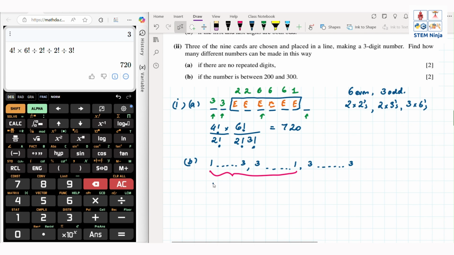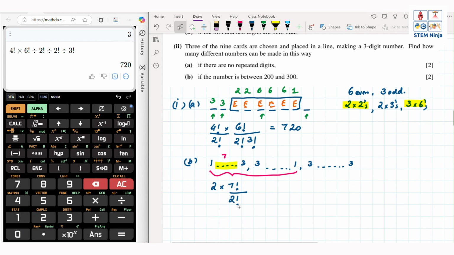So for the first two, we can do 2 times by. Now notice that in between you have how many numbers left? 7. So you have 7 left, and of them you will have 2 2's, 3 6's.